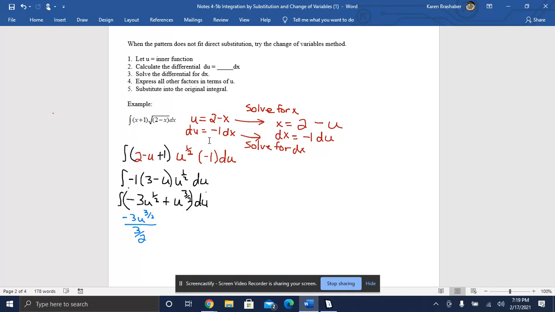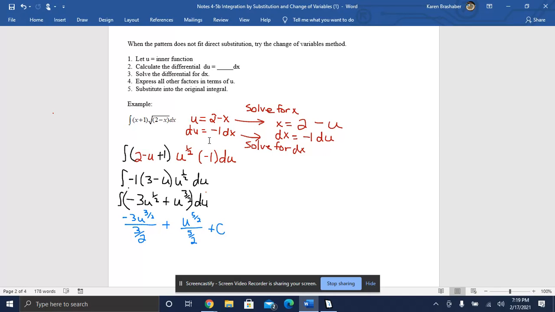And then we'll have plus, we'll add 1 to this exponent, so that would be u to the 5/2 power over 5/2, and add on the c.